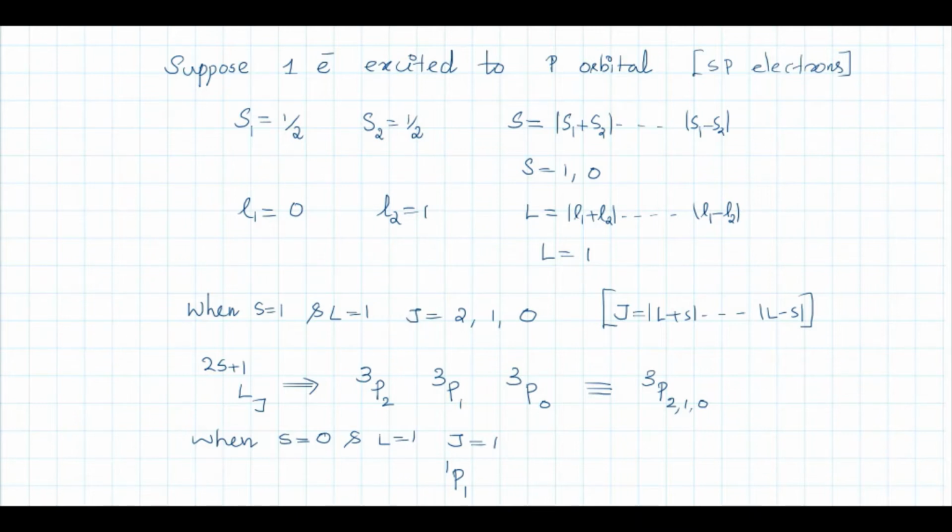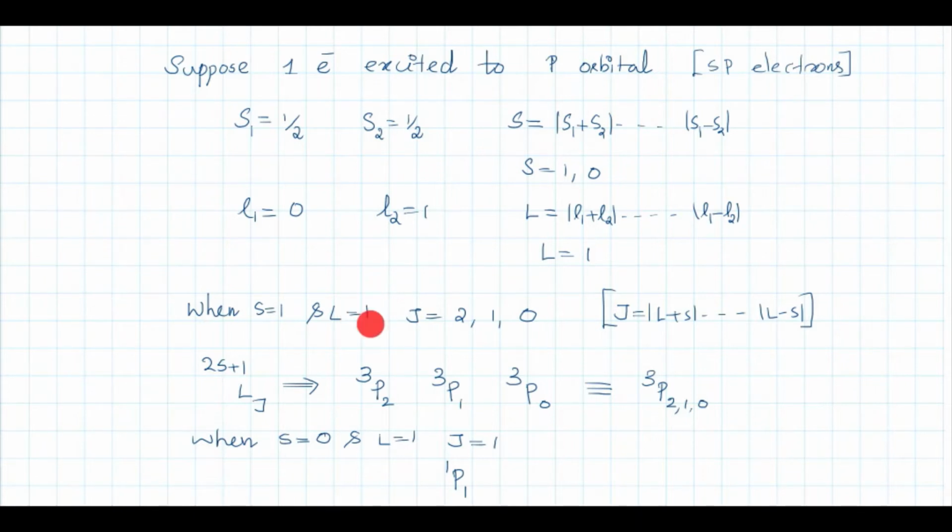Then there are again two possibilities, S1, L1 and S0, L1. When S equal to 1, L equal to 1, J can have values L plus S to L minus S. That is, L plus S is 2, L minus S is 0. So with an integer difference, you can write 2, 1, 0. Therefore, 2S plus 1 LJ can have three possibilities, 3P2, 3P1, 3P0. Why is it P? Because L is equal to 1.